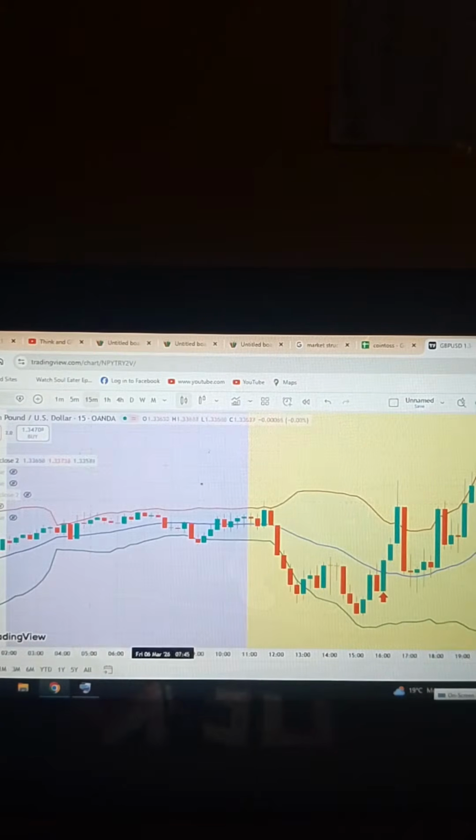The yellow part here is where I am interested, the London market. So right now, guys, we are trading London. We are not trading the Asian market. Asia is closed. Now we are focused on London. That's why we are trading London.